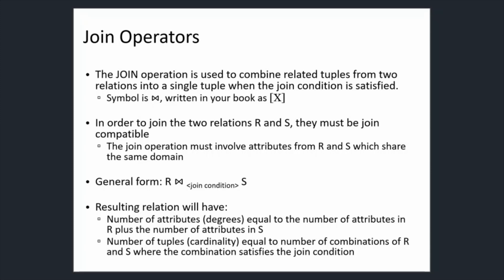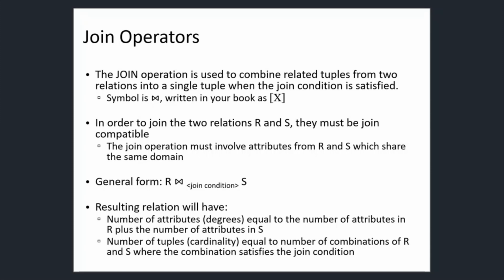The join operations are used to combine two tuples from relations into a single tuple when the join condition is met. In order to join two relations, they have to be join compatible. This means that the join operation must involve attributes which share the same domain. Usually that means that we're going to join on a foreign key to a primary key or a key to a candidate key.